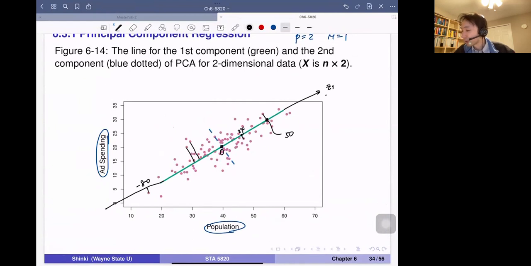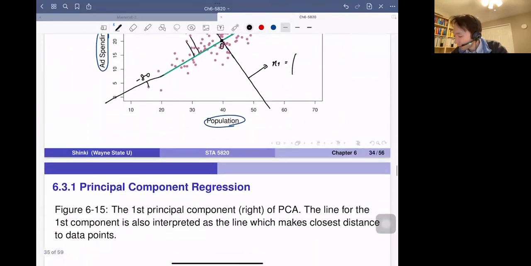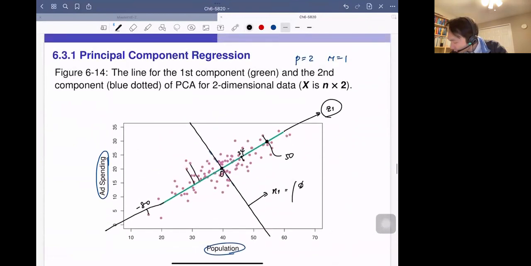So in this case, we should use Z1 as this. To be accurate, we think at first about the line perpendicular to it. Then we have the normal vector. This is for Z1, so I would say this is the N1 vector. This is a pair of two numbers, phi11 and phi21.